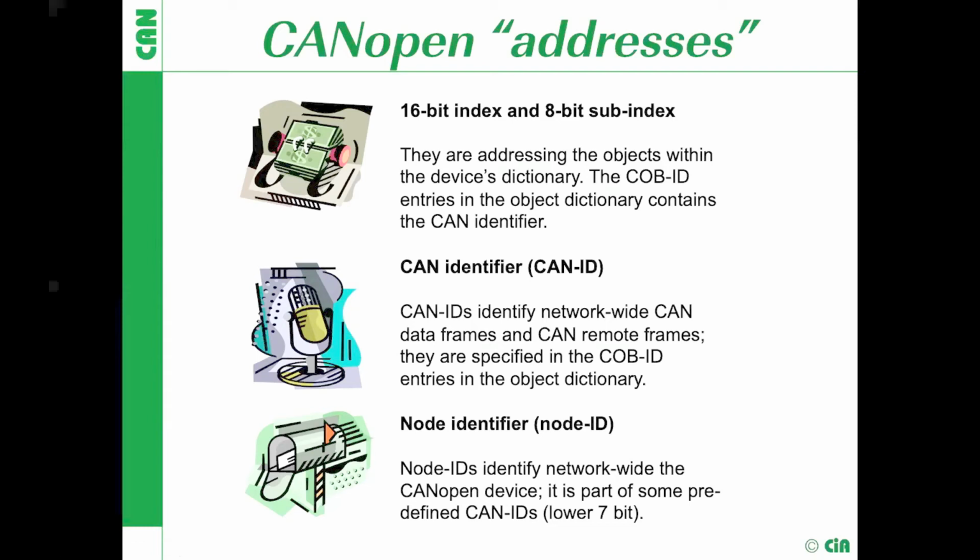The COB-IDs contain the CAN identifier, namely CAN ID. CAN IDs identify network-wide CAN data frames and CAN remote frames. For correct communication, the CAN IDs for different nodes and for different services shall not be the same. And for CANopen, some predefined CAN IDs contain the node IDs in the lower 7 bits.